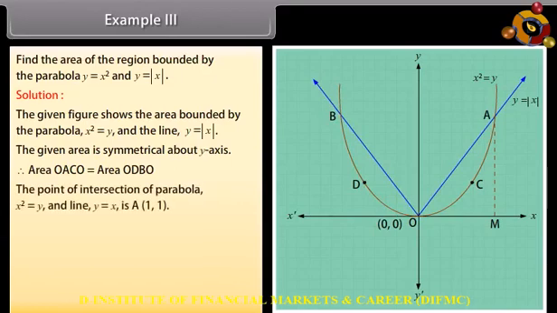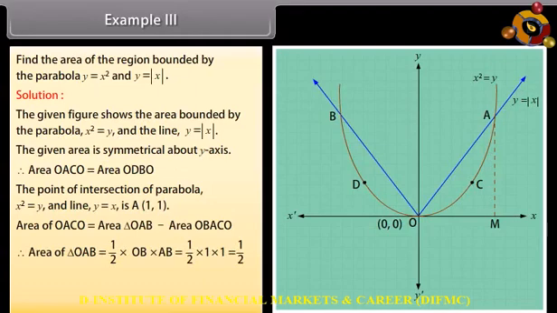The point of intersection of parabola x squared equals y and line y equals x is A(1, 1). Area of OACO is equal to area of triangle OAB minus area OBACO. Therefore, area of triangle OAB equals 1 upon 2 into OB into AB, equal to 1 upon 2 into 1 into 1, equals 1 upon 2.